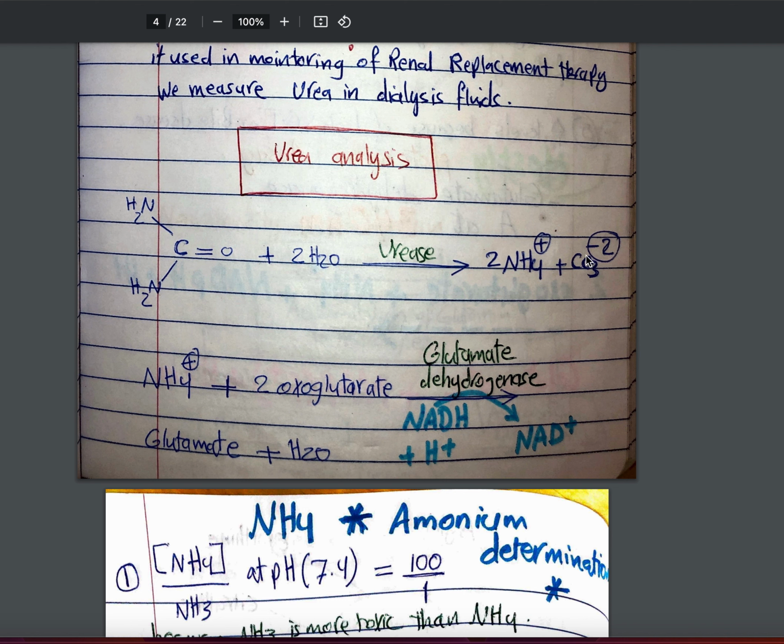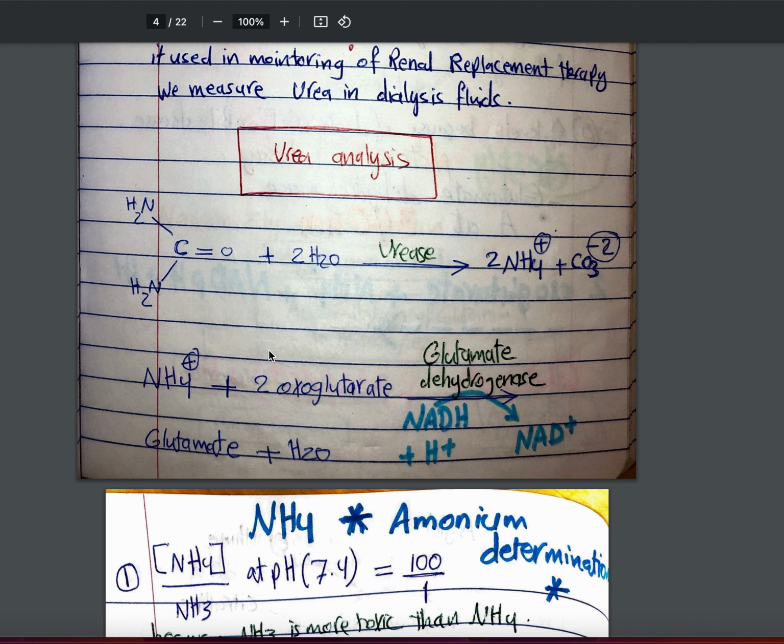And then the ammonium and the urease, that happens by the bacteria. So NH4 binds or interacts with 2-oxoglutarate by the help of the enzyme called glutamate dehydrogenase, which uses NADH. Then it leads to the production of glutamate plus H2O.